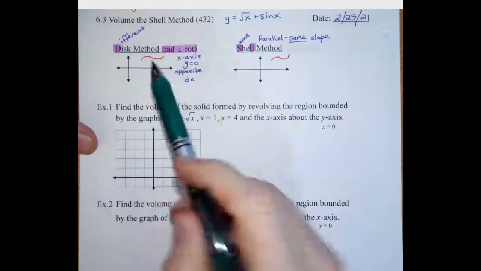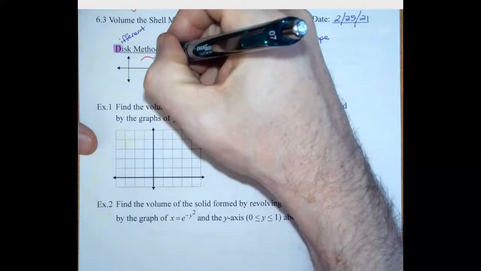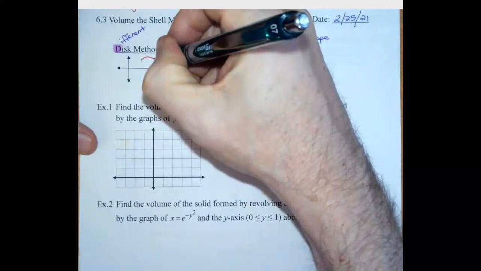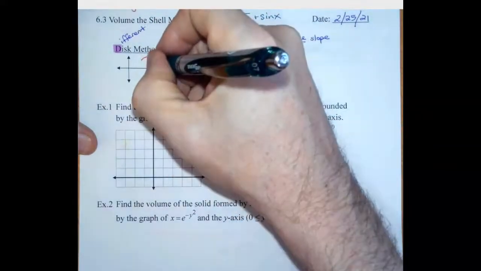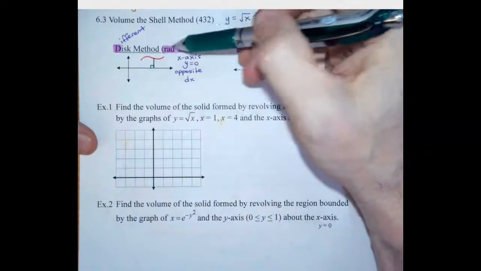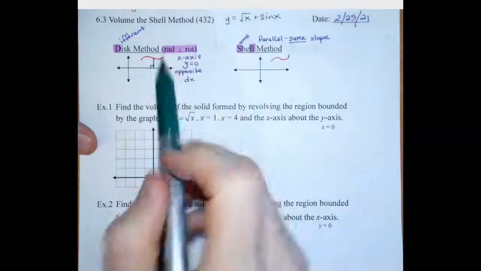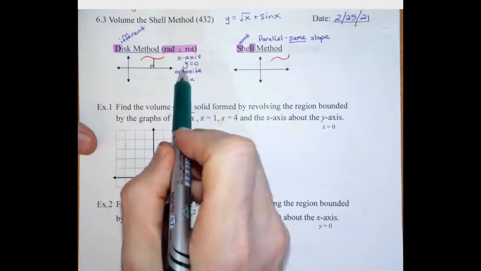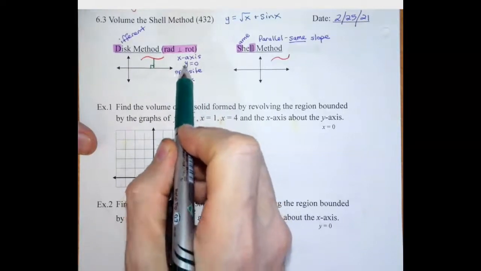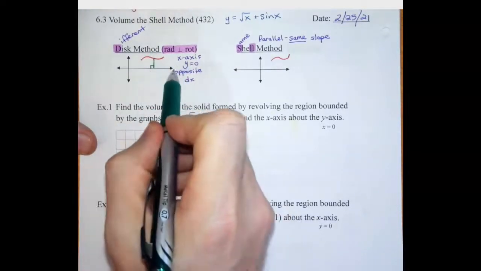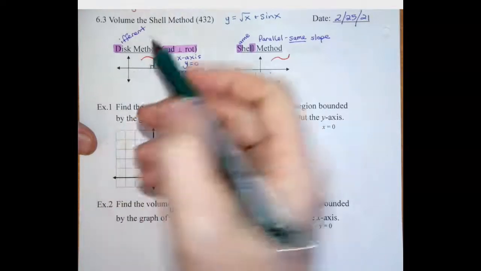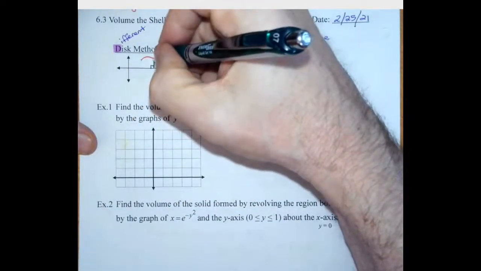When we use the disk and washer method, we rotate. And when we rotate, the axis, the radius, is perpendicular to the rotation. So here we're going to rotate it on the x-axis, which is y equals 0. And so y equals 0 is right here, x-axis, and our radius is perpendicular to that.